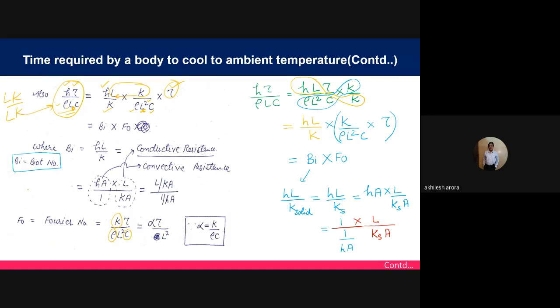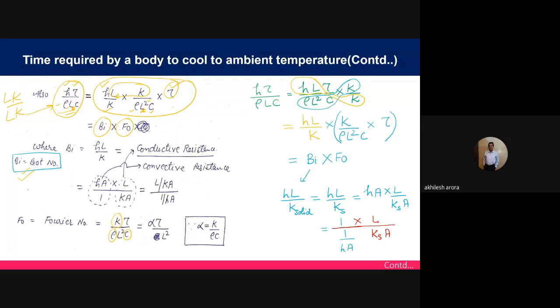Now it is a combination of two terms, and this whole term is now designated as the multiplication of two non-dimensional numbers. One number is known as Biot number, and the other number is known as Fourier number, Fo.